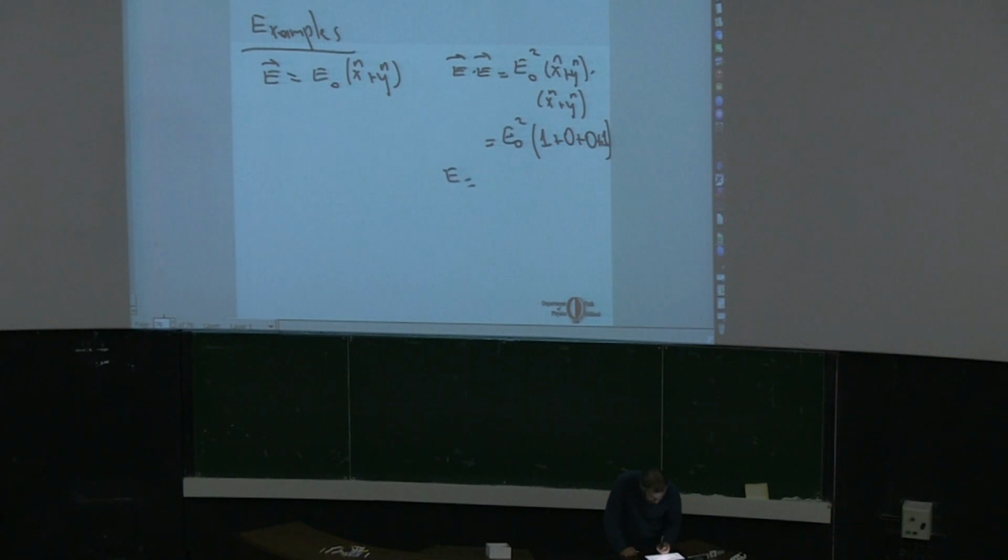Now the magnitude is nothing but the square root of the square of a vector. And this is E0 square root of 2, because I have 1 plus 1, 2.